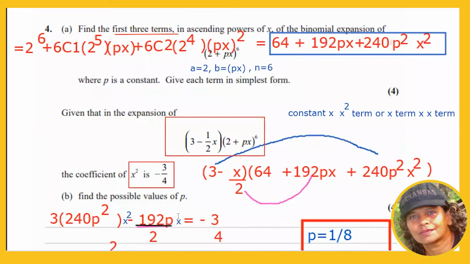And I have been given that the x squared coefficient is minus 3 over 4. And then in my next step, I can get rid of the x squared terms.